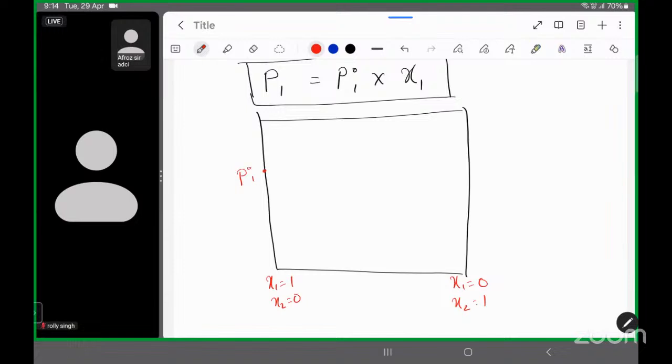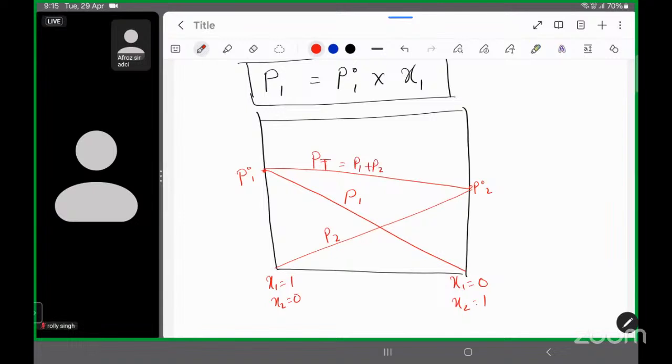Pressure is directly proportional to the mole fraction, so it will go down like this. And here it is P naught 2, the vapor pressure of pure component 2, because x1 is 0 here. So the graph will be like this, and in the solution it is like this. In the solution, it is P1, P2, and total PT. According to Dalton's law, PT is equal to P1 plus P2.